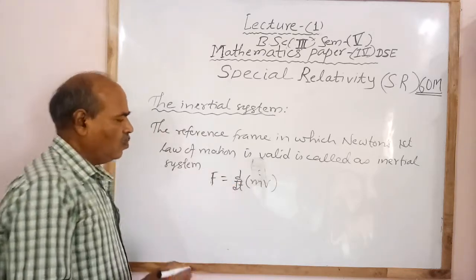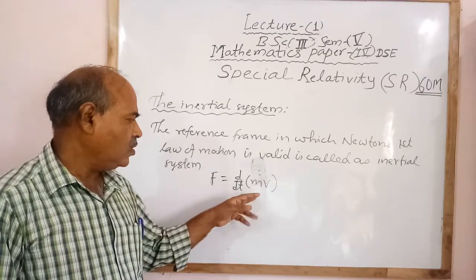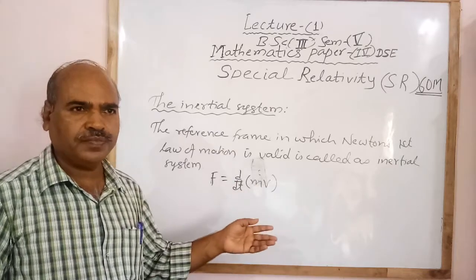Now here the mass, the measure of inertia, is supposed to be constant.